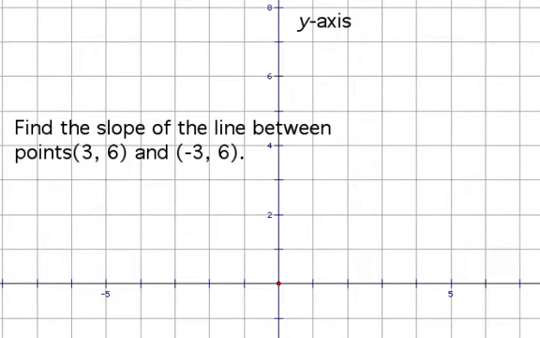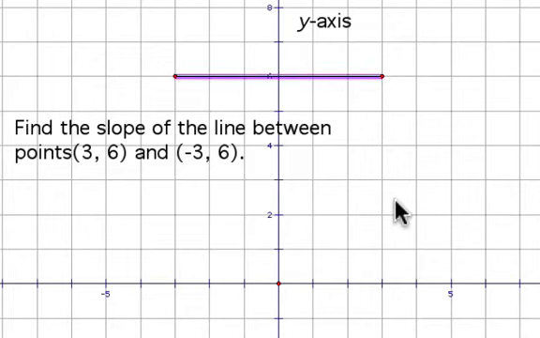So this is a really important one to look at on a graph because we had a slope of 0 and we want to see what that looks like. So if we plot the points (3, 6), which is here, so over 3 and up 6, and (-3, 6), we go to negative 3 on the x-axis and up to 6 on the y-axis. And if we draw our line, note that it is a horizontal line.